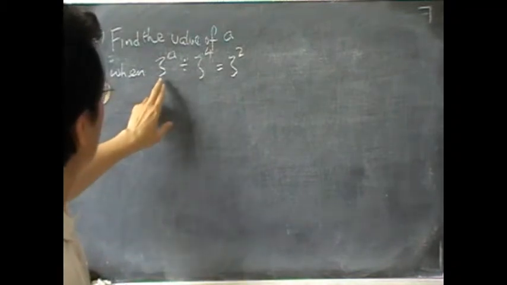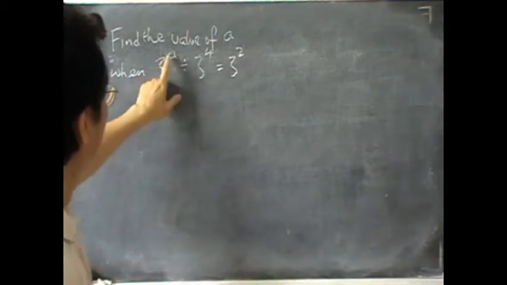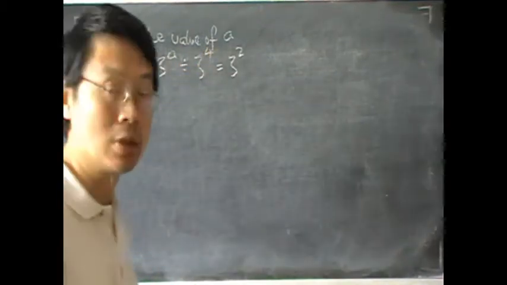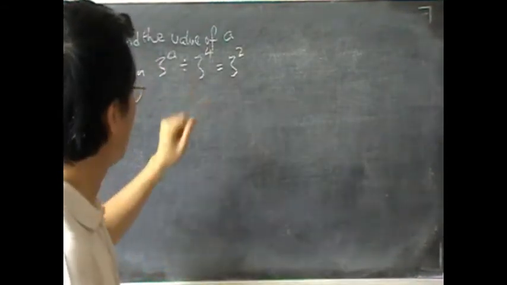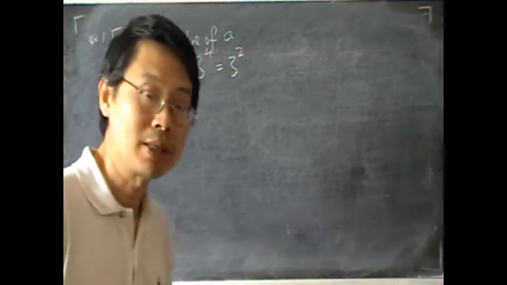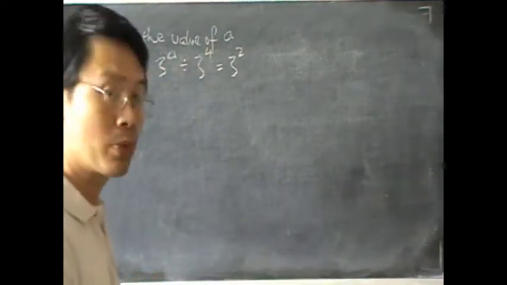If we have two numbers to the power of something and divided by each other, we can find the answer by taking the difference between the powers.